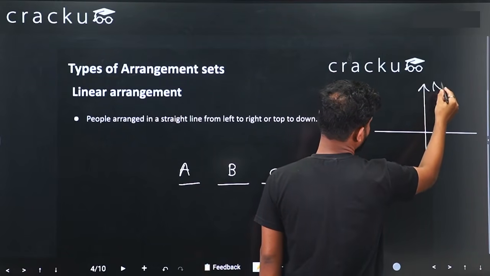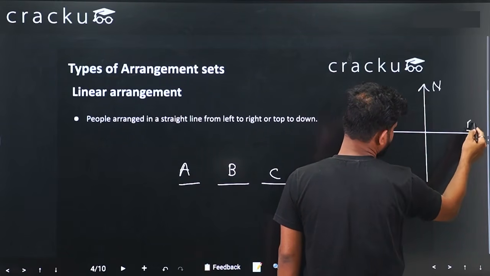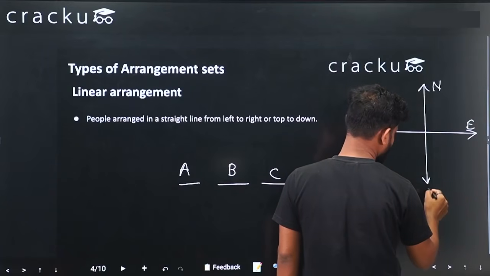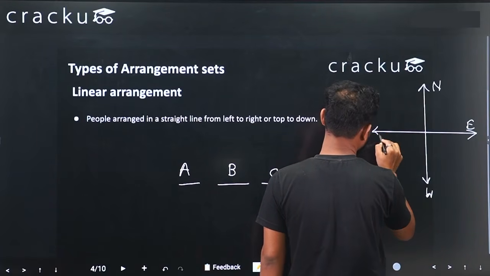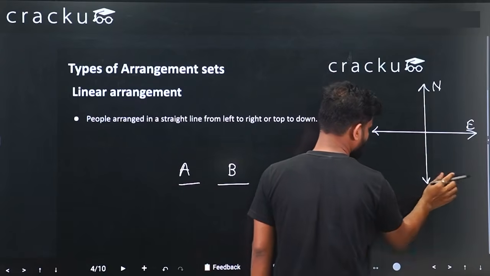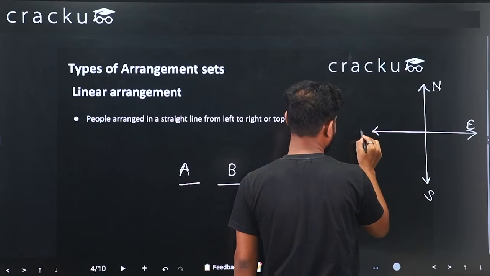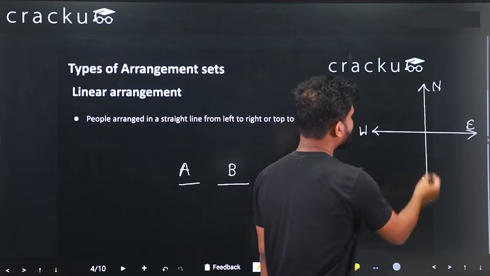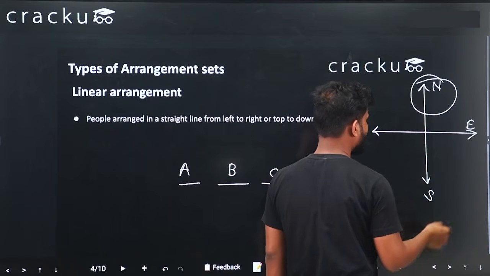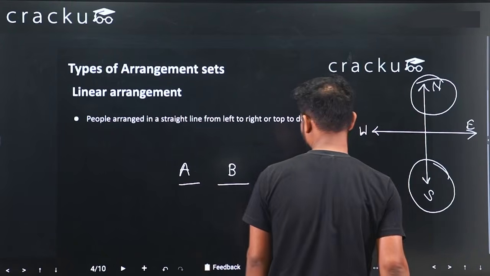This is north, this is east, this is west, and this is south. So this up direction is called the north direction, and this down direction is called the south direction.